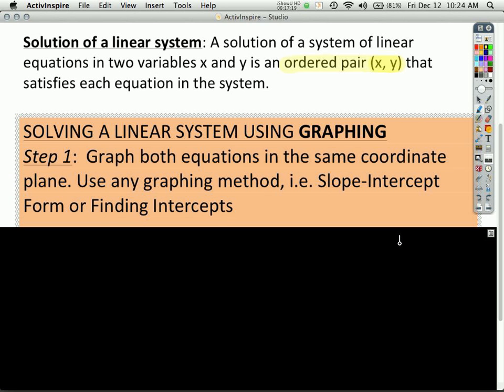Step number 1, graph both equations on the same grid. Use any graphing method that you would like. That's what we spent all of chapter 4 developing. These different ways of graphing. Slope-intercept form is really easy. Finding intercepts, not as easy, but still pretty easy.